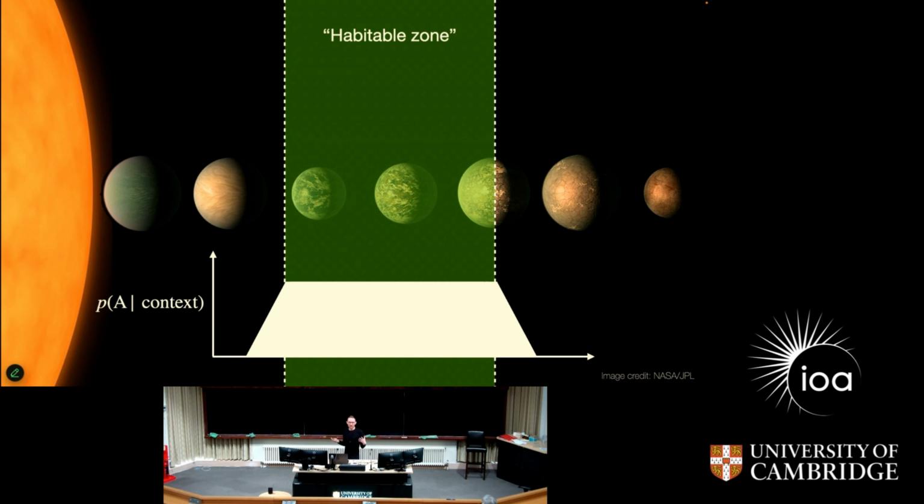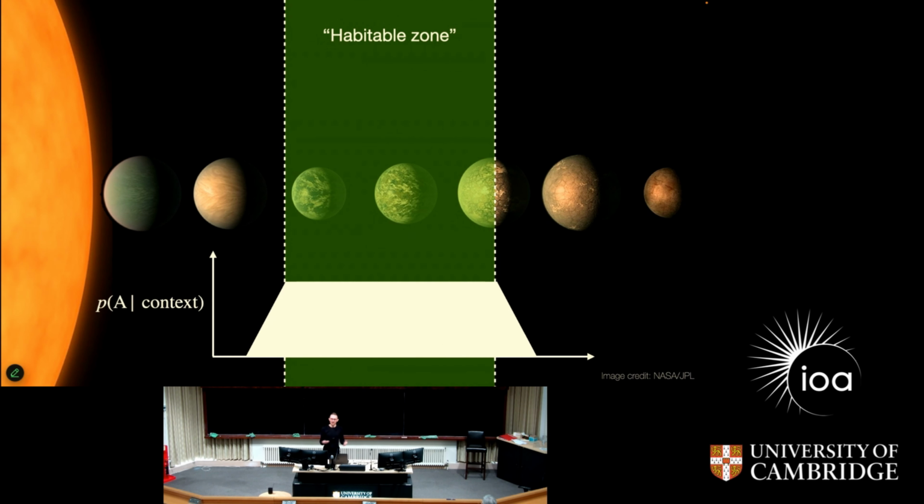Bearing in mind the fact that we run the risk of a false negative when it's life as we don't know it, that is actually challenging our concept of its requirements in terms of energy, temperature, pressure, or what have you.